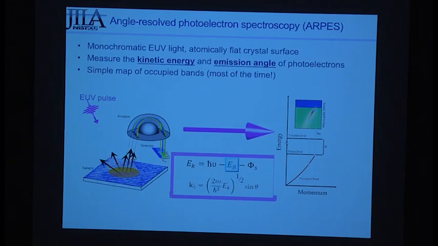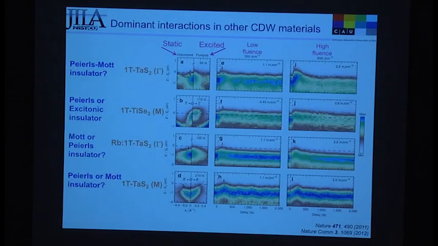The wonderful thing about it is it lets you map both the occupied and the unoccupied bands in the material. And there's this little sentence here, "most of the time," because there's one time where it doesn't work well, but that's also interesting. But I may or may not have time to talk about that.